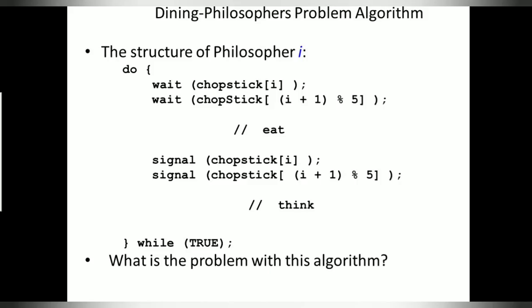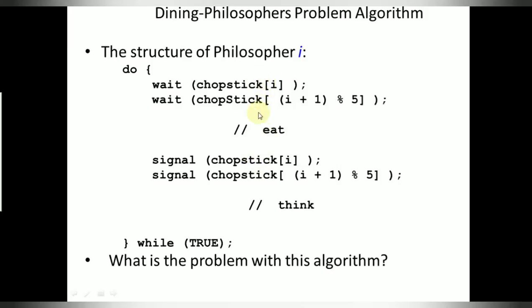Now this is the solution that we were talking about. It runs the wait on chopsticks. As I told, it needs 2 chopsticks, the 2 chopsticks that are close to it. So if i is equal to 1, it needs chopstick 1 and chopstick 2 that are close to it.